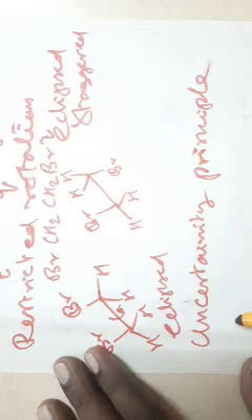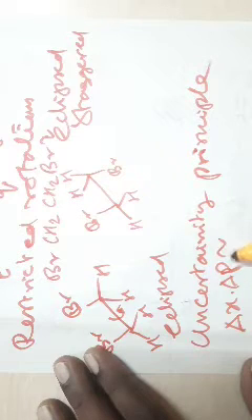So what is this uncertainty principle? Delta x, delta p is approximately equal to h by 2 pi. This is your position and this is your momentum. So according to the uncertainty principle, if you want to fix the position, then delta x times delta p is equal to h by 2 pi.